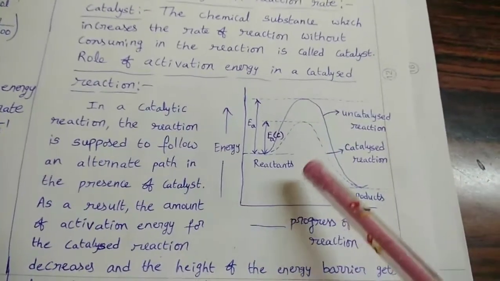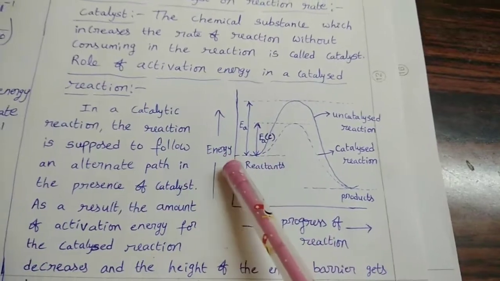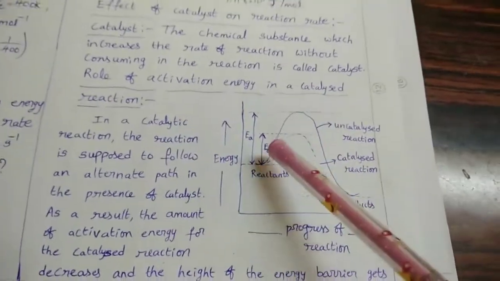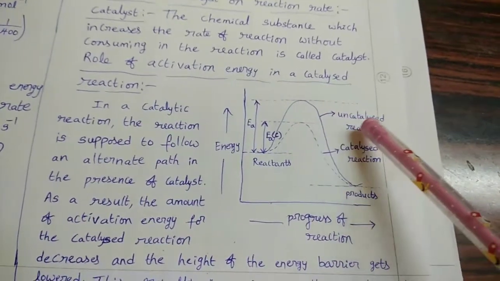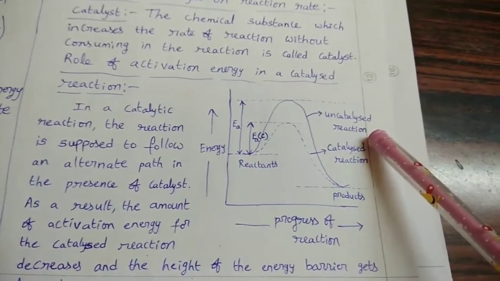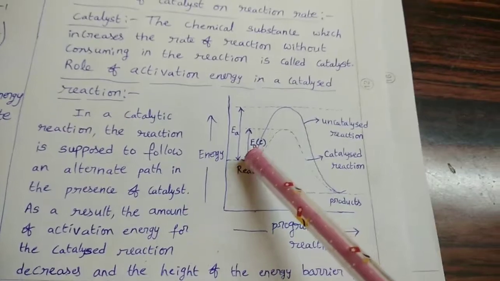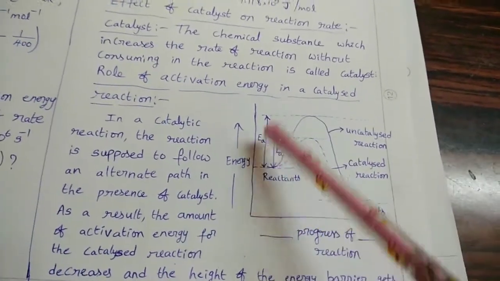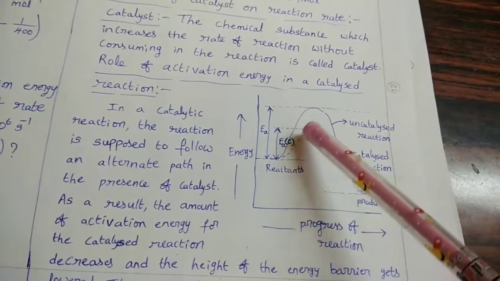From this graph we can understand this matter. Energy on the y-axis, progress of reaction on the x-axis. This thick line represents the uncatalyzed reaction. That means in the absence of catalyst, the reaction follows this path. Activation energy is more. This dotted line represents the catalyzed reaction, in the presence of catalyst.